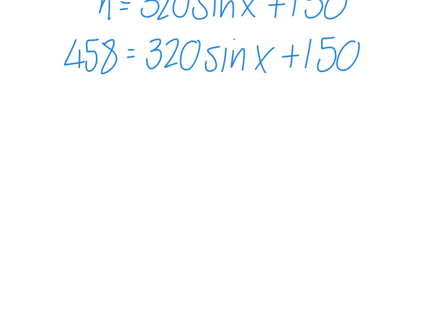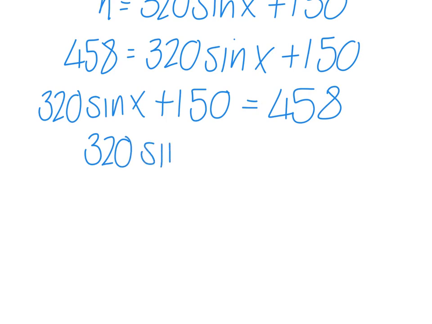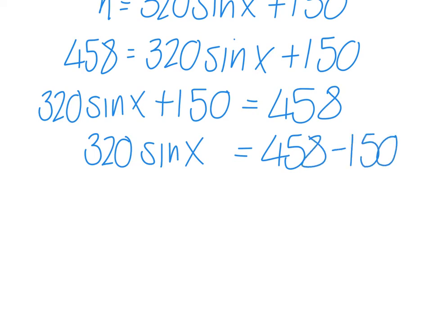The first thing we're going to do is flip the equation round to get the x on the left hand side. So that gives us 320 sin x plus 150 is equal to 458. So then moving our plus 150 across the equal sign, which means it will subtract. That gives us 320 sin x equals 458 take away 150.